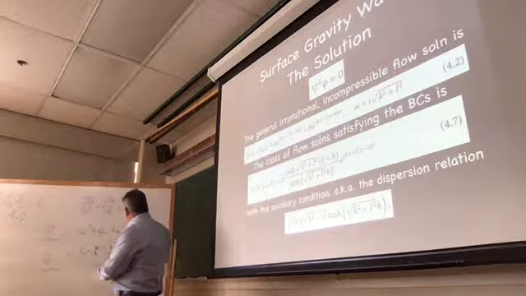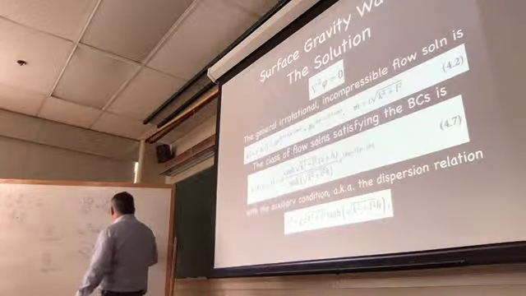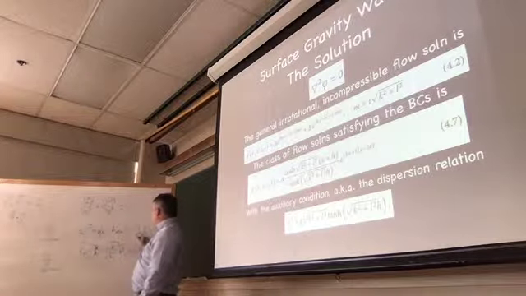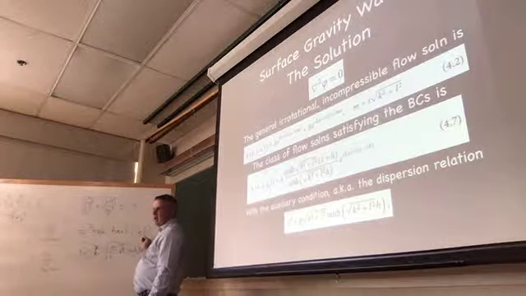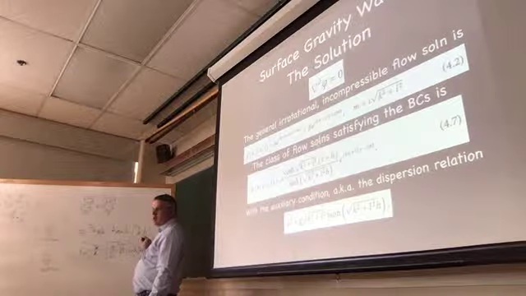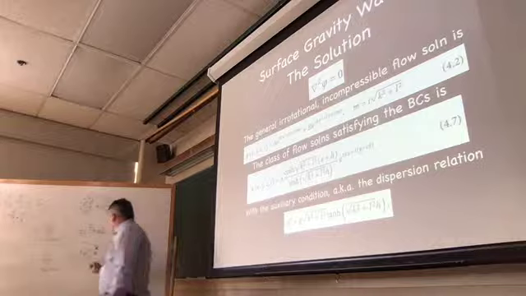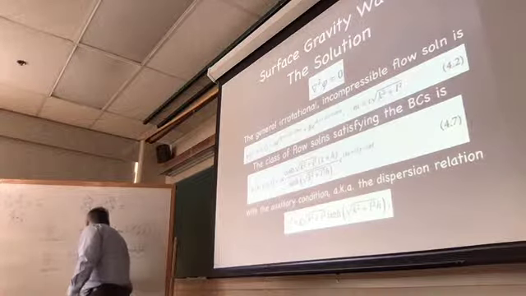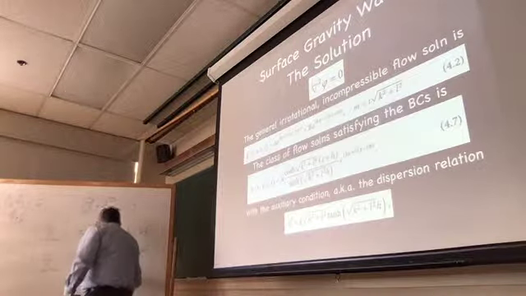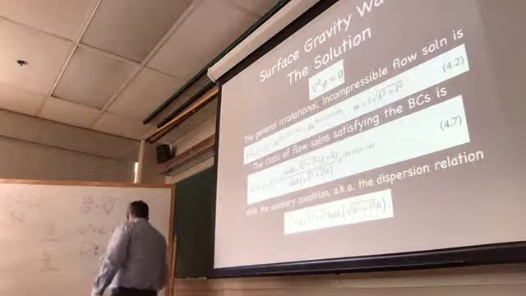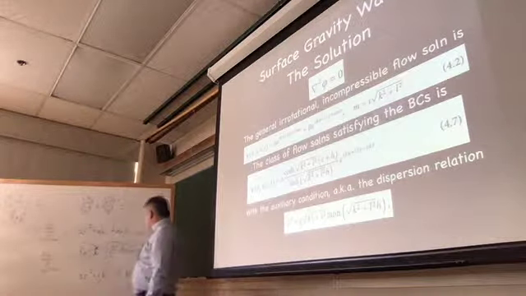So let's make an approximation. What does this look like when k h is really, really big? It means that this goes to 1. So omega squared equals g k if k h is really, really big.